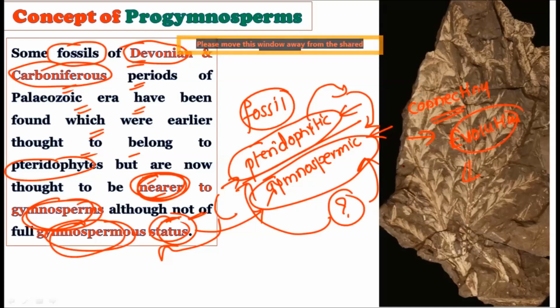We have fossil records right from the Devonian and Carboniferous period of plants that were transforming from pteridophytes to gymnosperms, and all these plants were taken into the category of progymnosperms, which were going to convert into gymnosperms, and that is why they were famously called progymnosperms.